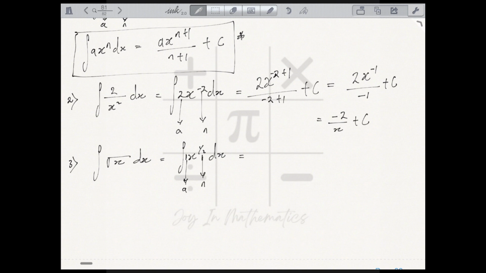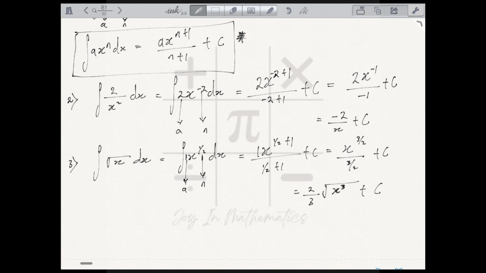So applying the principle, just like we have done before, we have this to be 1x raised to power half plus 1 divided by half plus 1, and this will give us x raised to power 3 over 2 divided by 3 over 2 plus c. And simplifying further, we have 2 over 3 square root of x raised to power 3, when we apply the principles of indices, plus c.